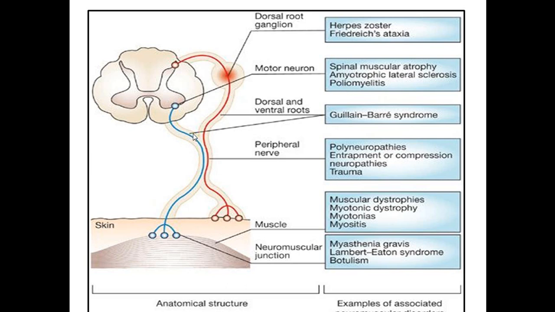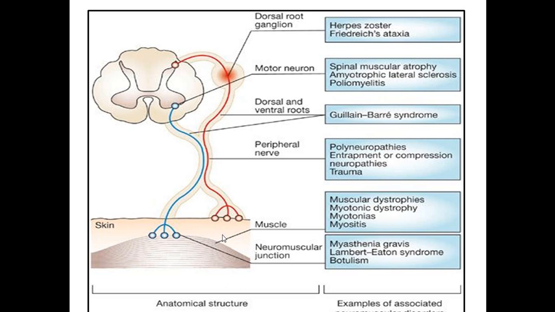Or it may arise from the ventral root and the dorsal root, and here we have Guillain-Barré disease, or from the peripheral nerve where the dorsal and ventral roots join together.